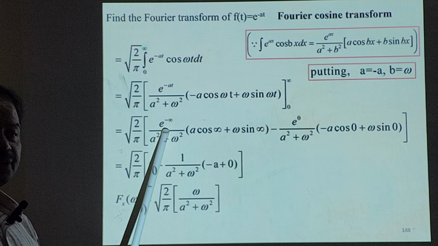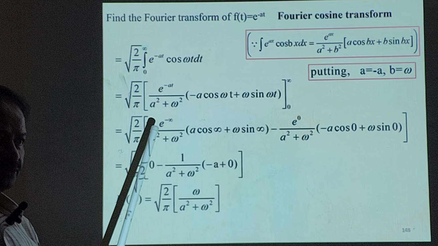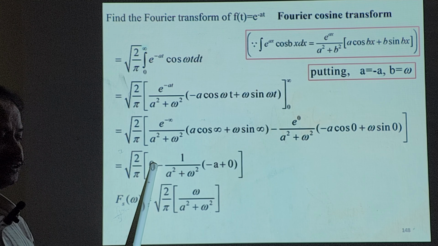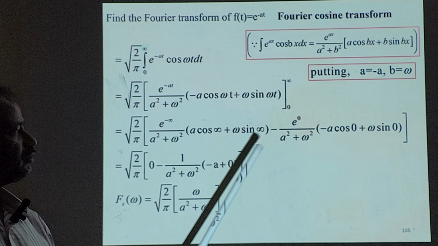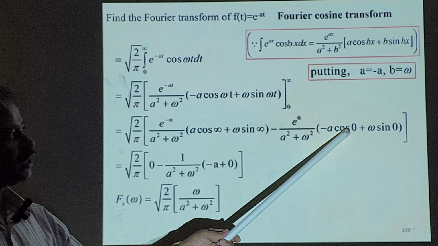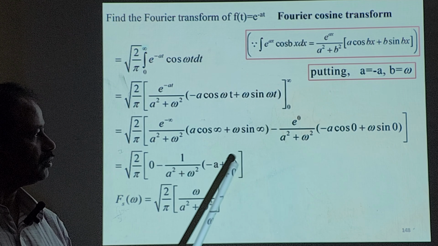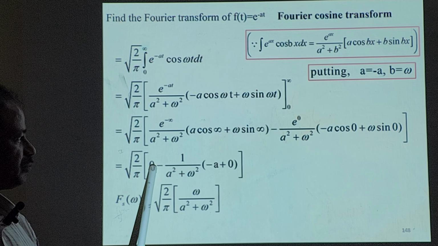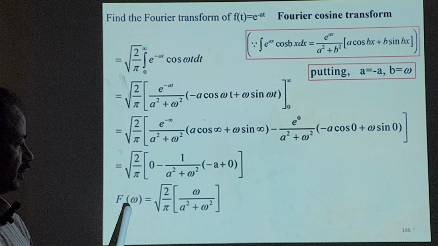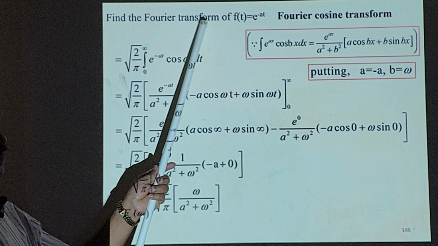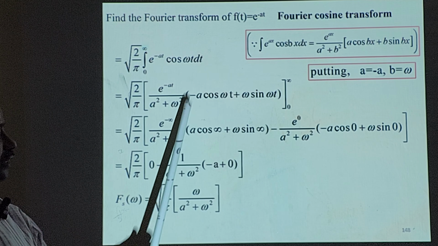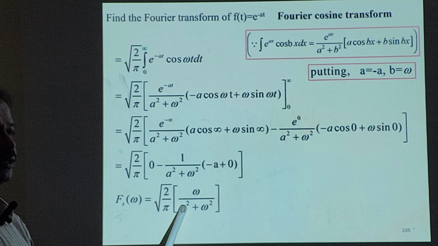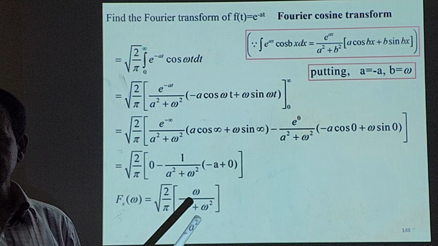As usual, e power minus infinity is nothing but 0, so I have written 0 here. Substituting the lower limit will give me this. And of course cos 0 is 1, sin 0 is 0, so we can write minus a plus 0. So minus times minus will give me the Fourier transform of f of t equals e power minus at, which is root of 2 by pi, omega divided by a square plus omega square.